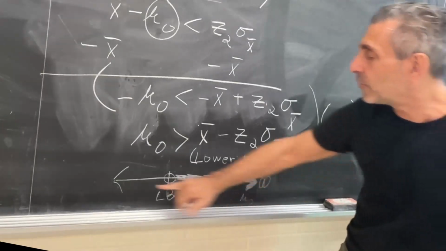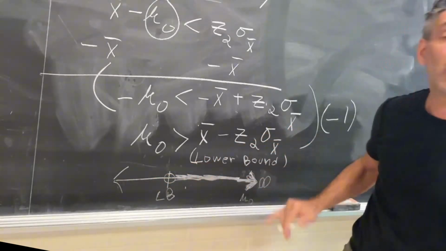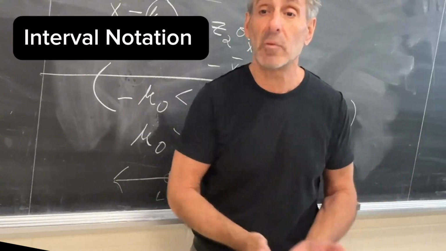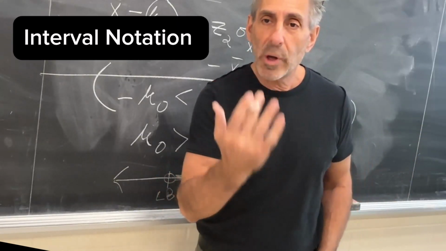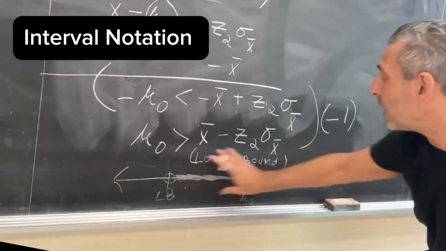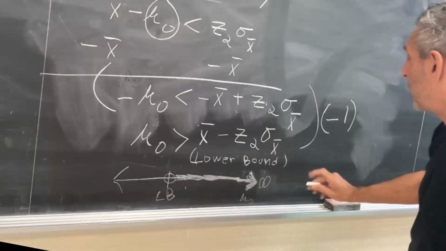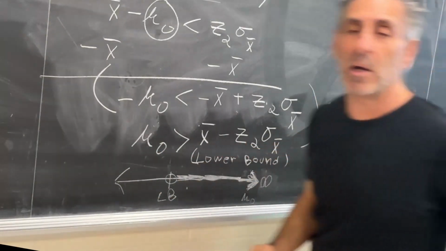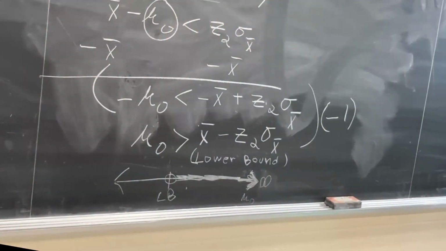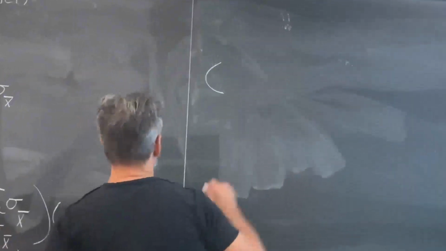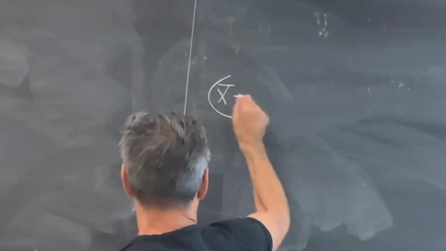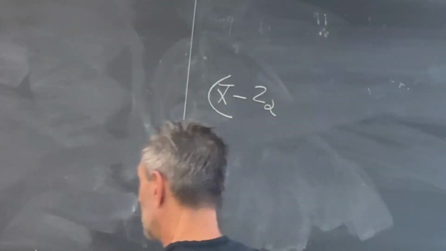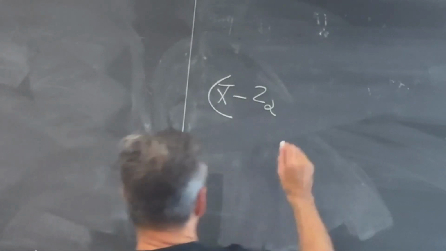So this geometric version is more of a tool to understand the geometry, but really in a college level statistics class, we use interval notation. So writing what this number line represents in interval notation, we would write it as x bar minus z sub alpha sigma sub x bar.